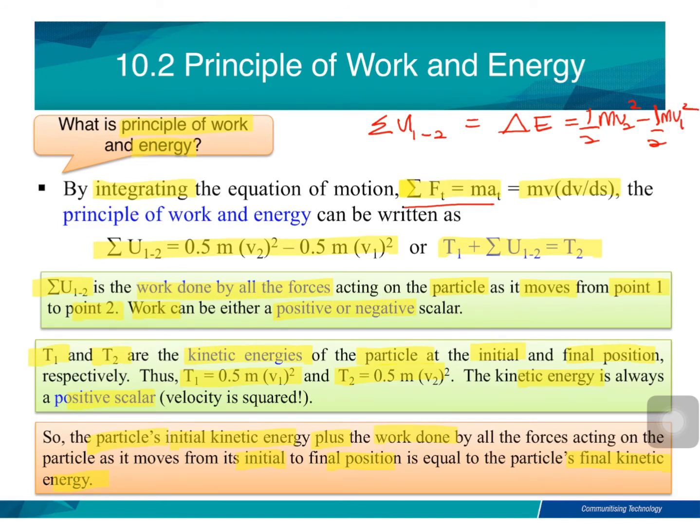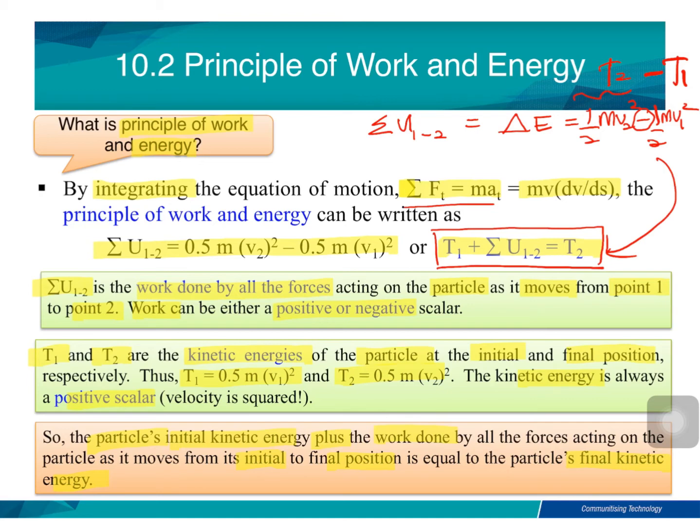So we arrange back because this is the negative, right? So that is why we arrange it like this. Okay, so we have the T1. Because this one is T2 minus T1, here we arrange back, and it becomes T1 plus the total work done is equal to T2.